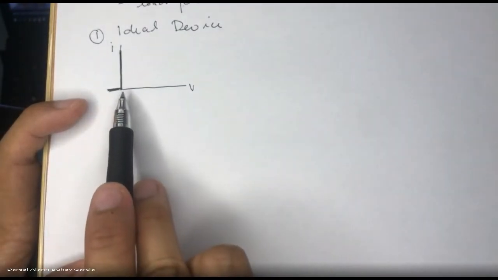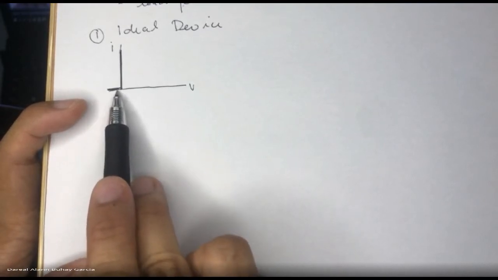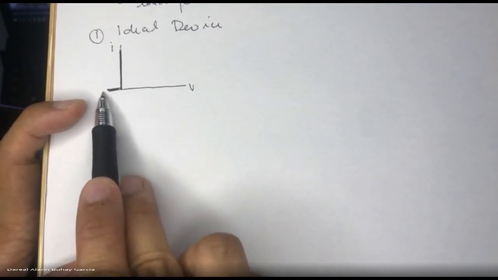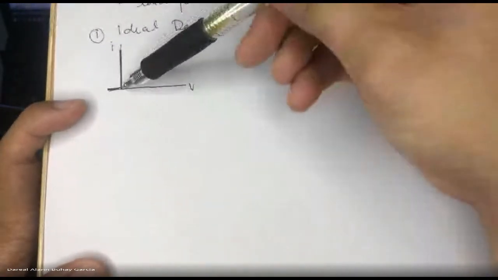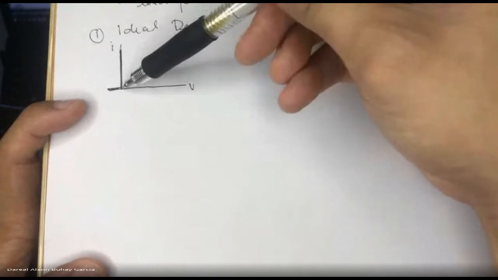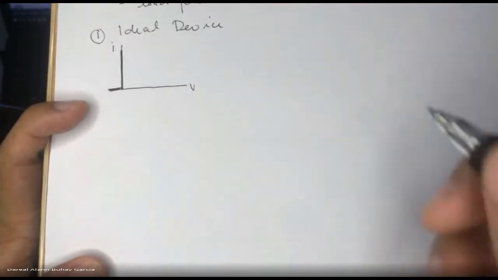When the diode is off, it may be at zero voltage or negative, so zero current. If there is current, the voltage is zero. That's how switches operate.